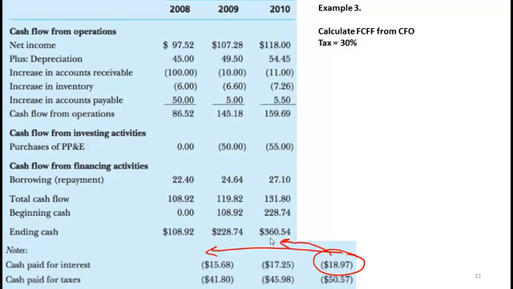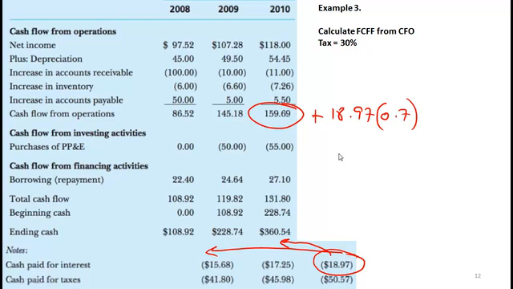Does everybody find this easy, I hope? What is your starting point? This is your starting point, and then what did you do with this? You added back 18.97, so this plus 18.97 times (1 minus T).